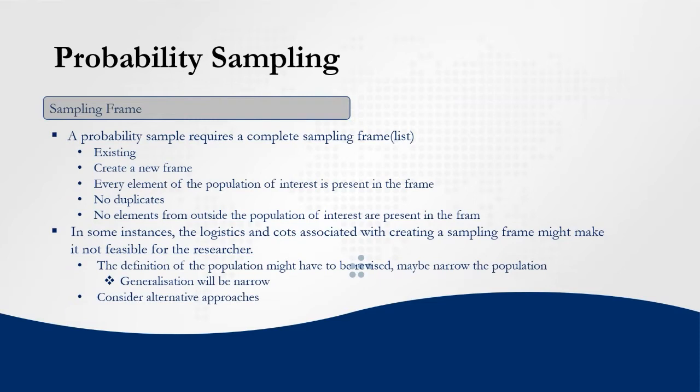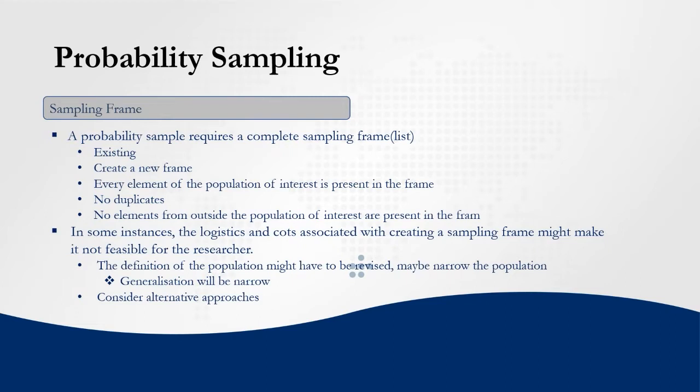You still need to decide which sampling approach you are going to use. The variables that come with the sampling frame, besides the list, for example staff numbers, and other attributes attached to those people, will also assist with your sampling.